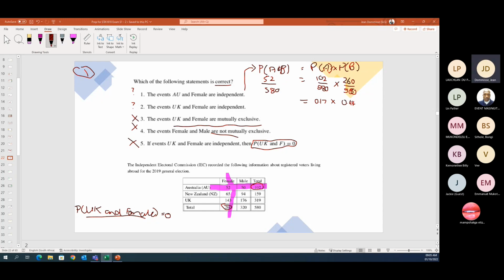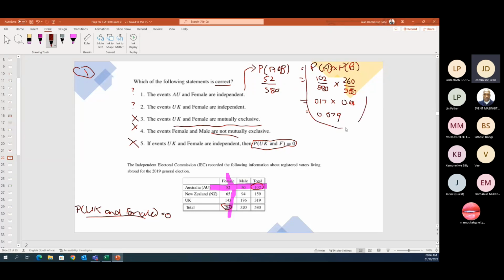So if we multiply those two together, we get 0.07, and let's say 0.79. Okay, so that is if we work out this side.